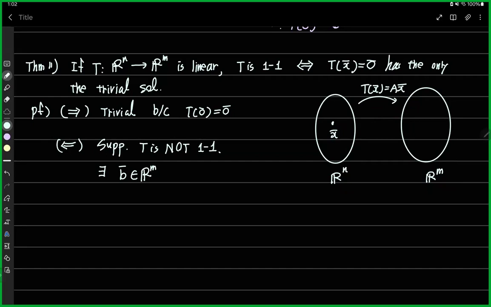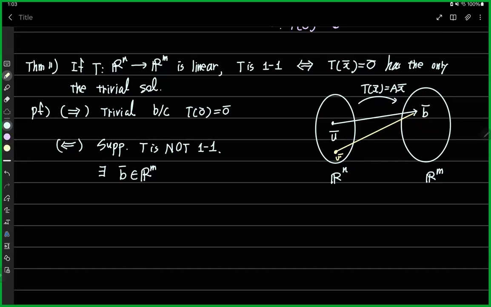Since T is not 1 to 1, we suppose that this one goes to right here. Let me say vector U goes to vector B. Then there is another vector V, where V goes to vector B. So this is a mapping, or we can say a function, but we cannot say that this is 1 to 1.